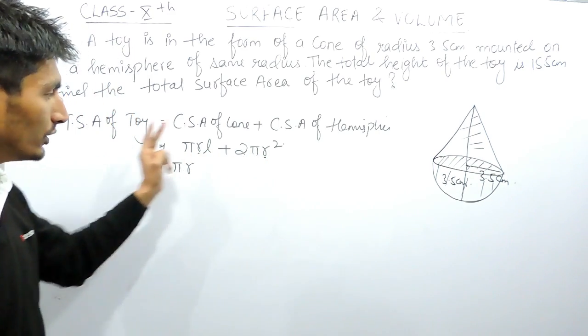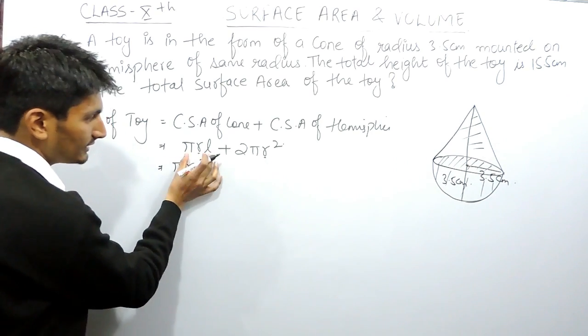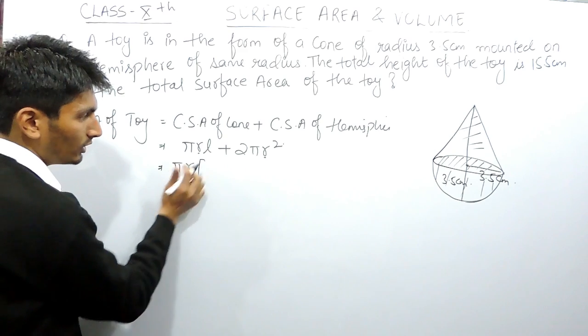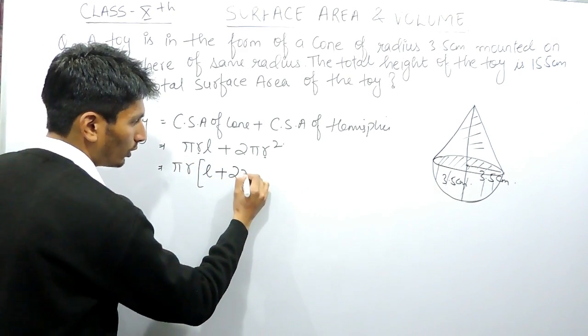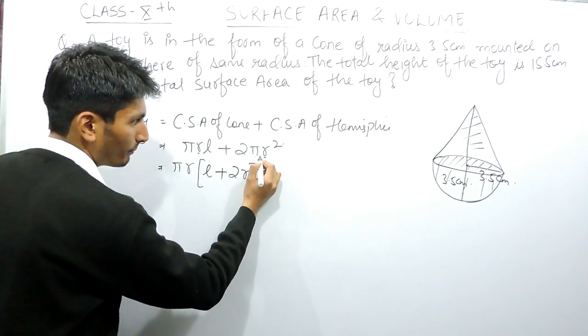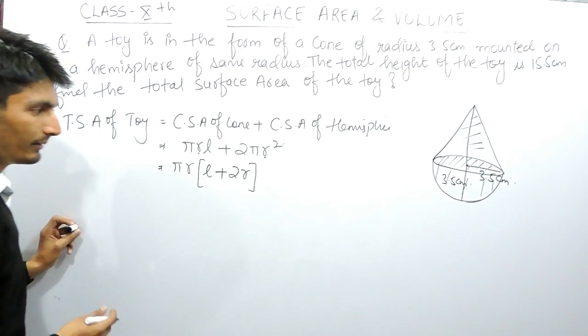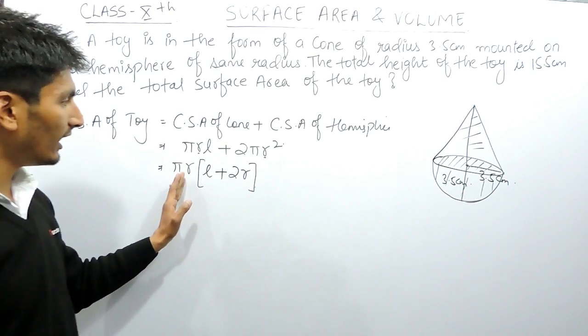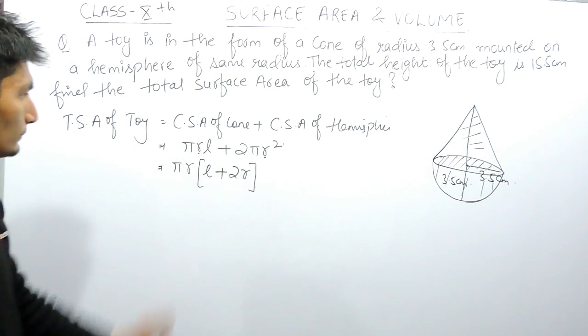Instead, what you can do is take pi r common, and from this, if pi r is taken common, only L will remain here, and here 2r will remain. Because from pi r square, if pi is taken out and one r is taken out, only r will remain, so 2r. In this case, you will be solving r only one time. So this is the complete formula.